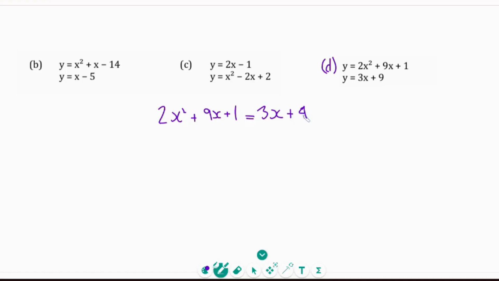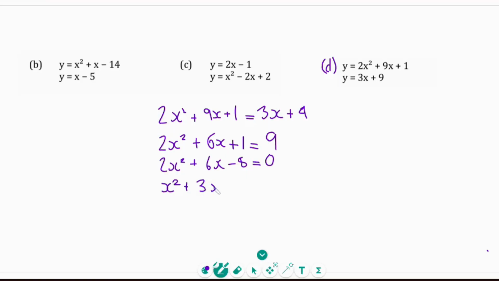So first step, let's take 3x off both sides. Then we're going to take 9 off both sides. Common factor is 2, so let's divide through by 2. Factorise.